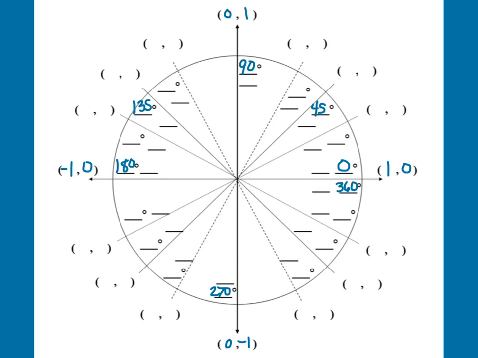Now we're in the middle of quadrant 2. 135 plus 45 more makes 180. 180 plus another 45 makes 225. 225 plus 45 more is 270. 270 plus 45 is 315. And it's good to confirm that 315 plus 45 more makes 360, one complete circle around.